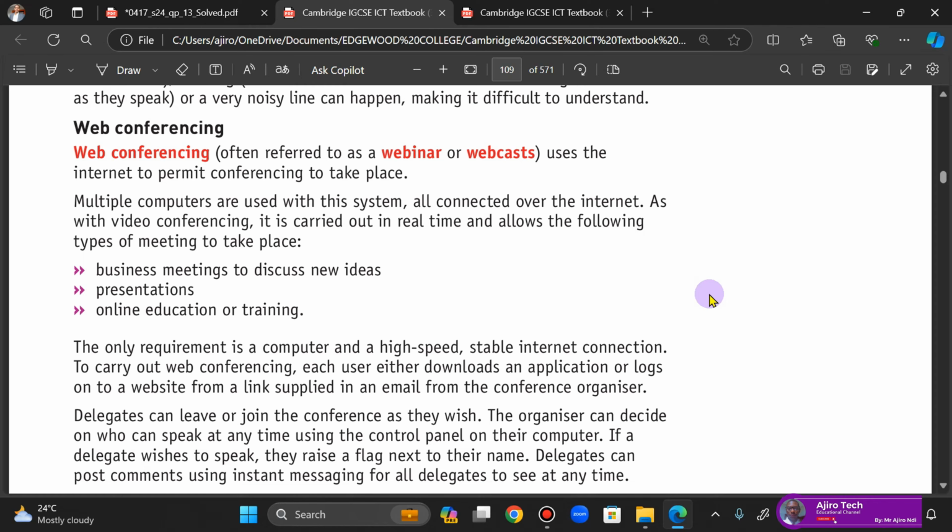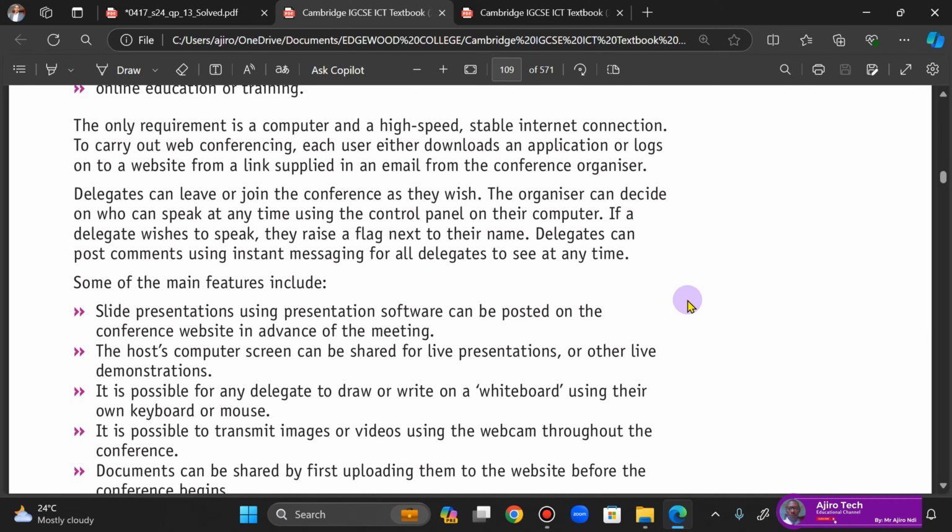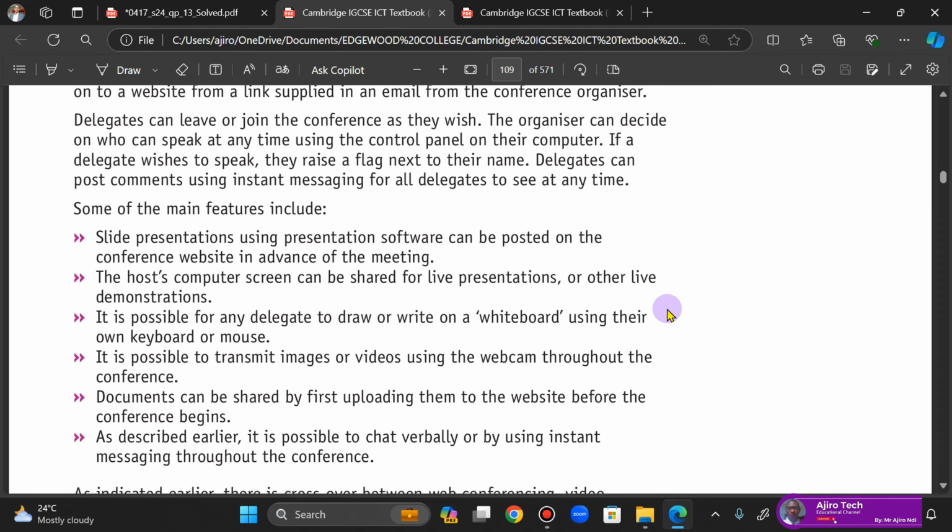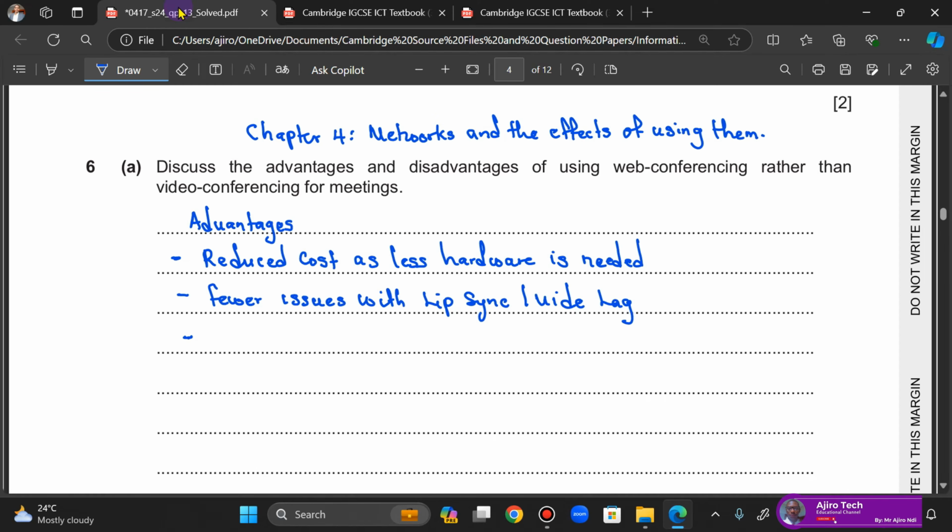The only requirement is a computer and a high speed or stable internet connection. Delegates can leave or join the conferences as they wish. So there is flexibility with this type of electronic conferencing.